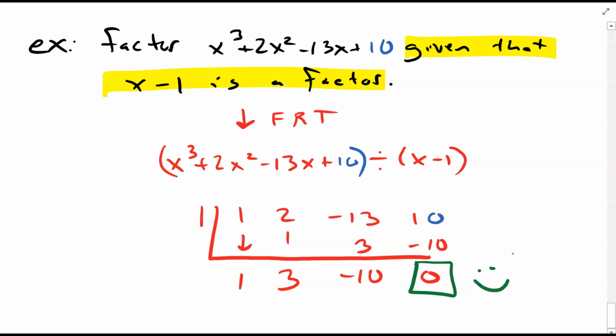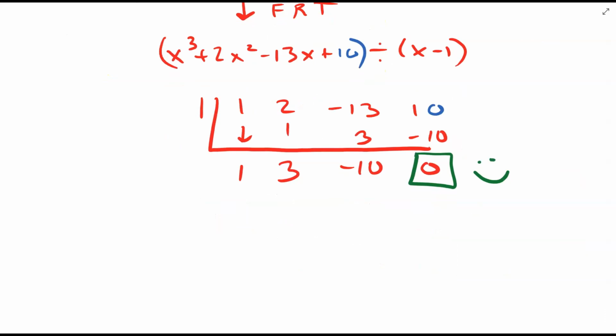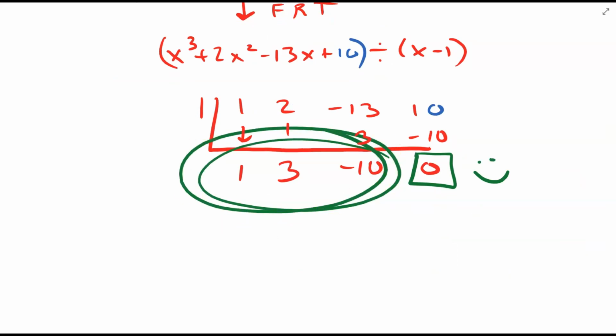So I got a zero remainder, which I knew I was going to get. How did I know that? Since x minus 1 is given as a factor, I know by the factor remainder theorem I'm going to get a zero remainder. So I knew that was going to happen. What I didn't know was what this part was going to be.